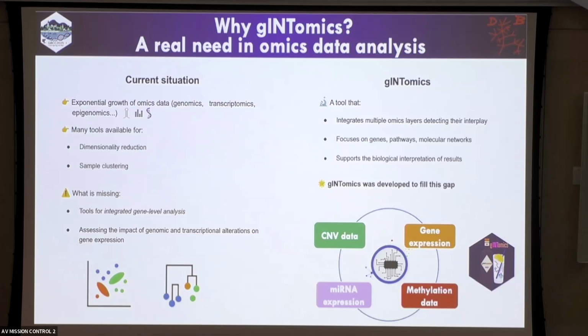So to solve this need, we developed GenOmics that integrates different omics and is also able to detect the interplay between the different omics to understand how, for example, copy number or other alterations can impact gene expression, and also to support the biological interpretation of the results of our models.